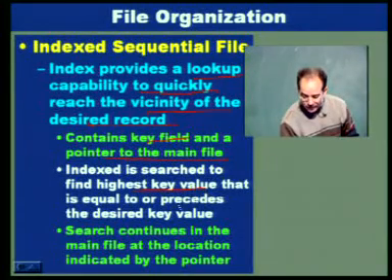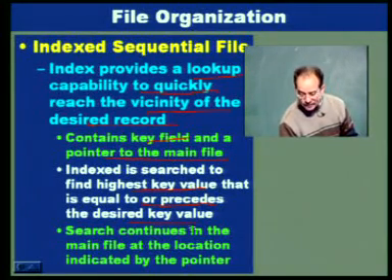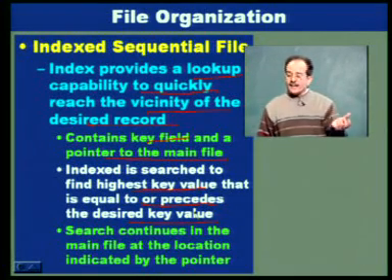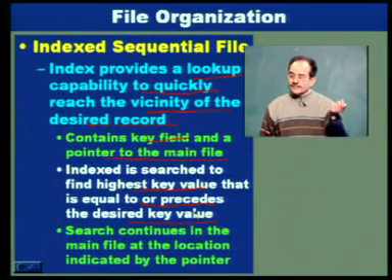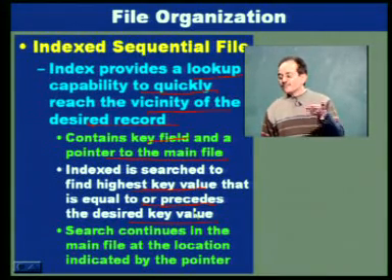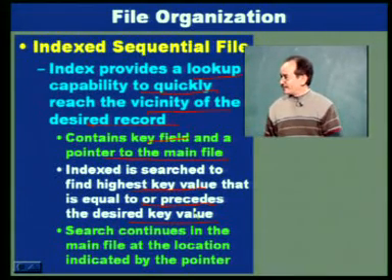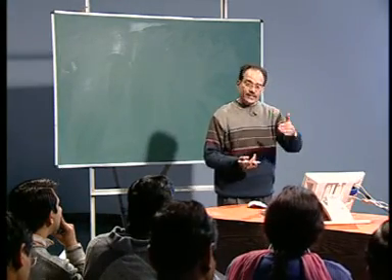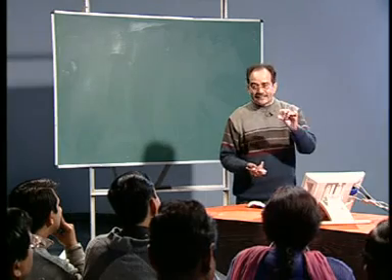Now, what we do is the index is searched to find the highest key value equal to or preceding the desired key value. Whatever is my key value, I look for the corresponding value there. Now, why am I saying highest value? Because maybe I am looking for a record which is not there. I can't keep on looking in all my indexes. I keep looking, and see that my key should lie between this particular index and that particular index.